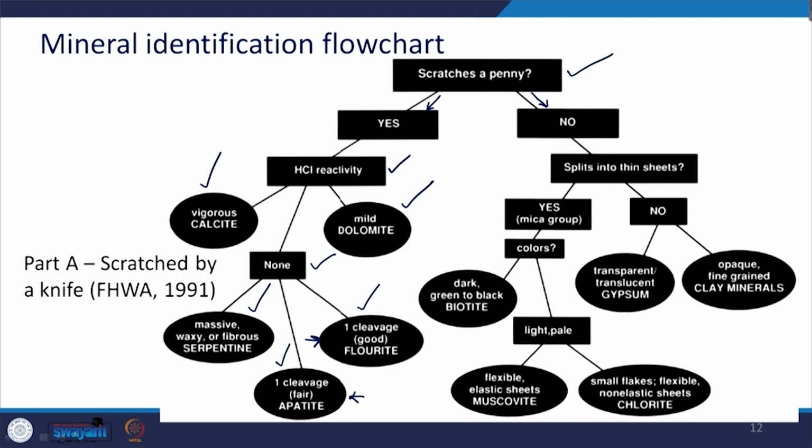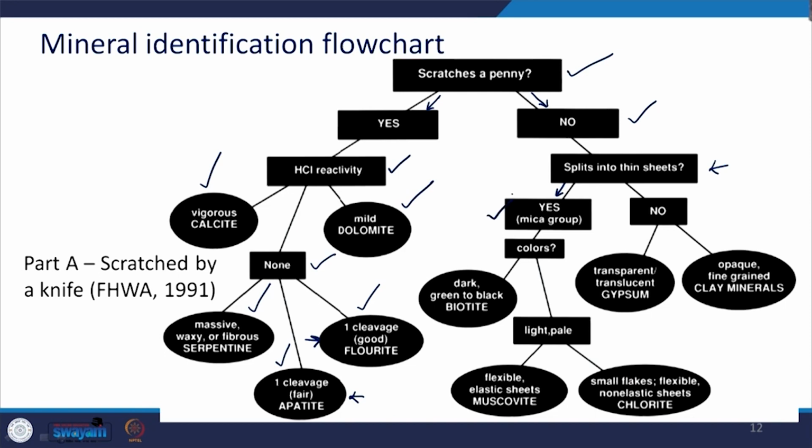Now, come to the second branch, okay, where the mineral does not scratch a penny. So, this is no. Then the next check which is applied is whether the mineral can be split into thin sheets or not. See here, if it is yes, then we can say that the mineral belongs to the mica group.